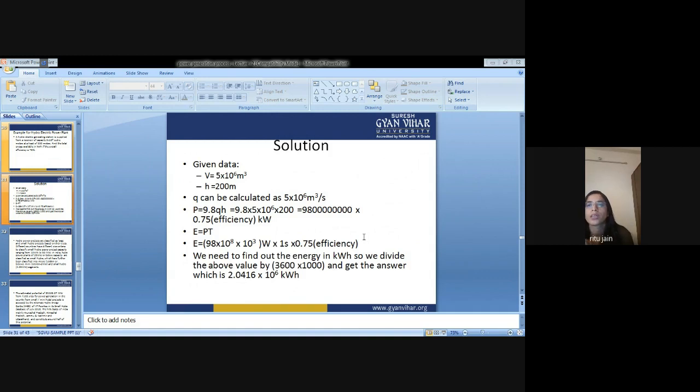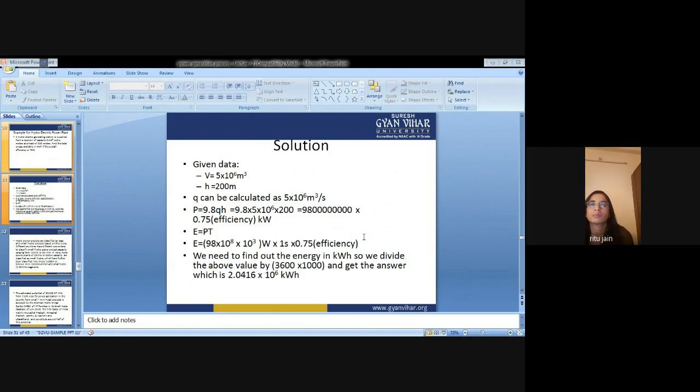We need to find the energy in kilowatt hour, so we divide the above value by 3600 into 1000 and get the answer, which is 2.0416 into 10 to the power 6 kilowatt hour.